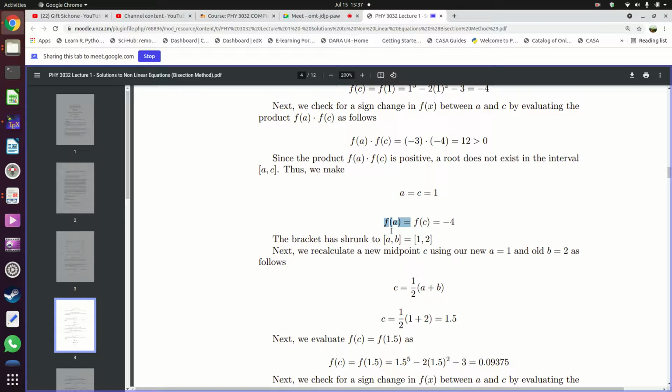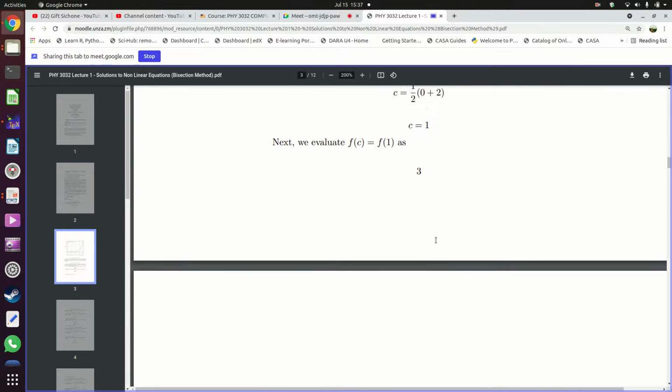Yes, sir. With this change, our bracket has become smaller. Instead of being AB, which is 0,2, now our A is 1. So now our bracket, instead of being 0,2, is going to be 1,2.